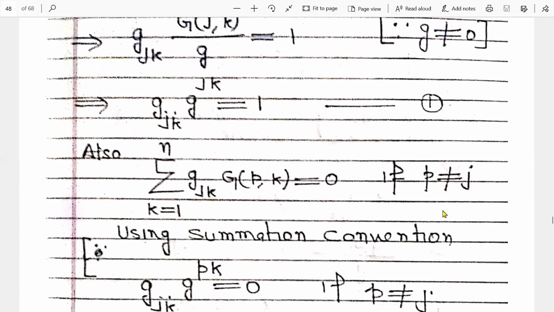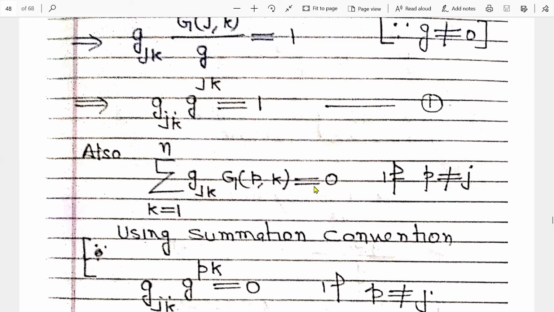Now, again we know that when p is not equal to j, in that case this summation is equal to 0, right? You can check that by taking some example. So if p is not equal to j, then this term is 0. If they are the same, this value is 1.